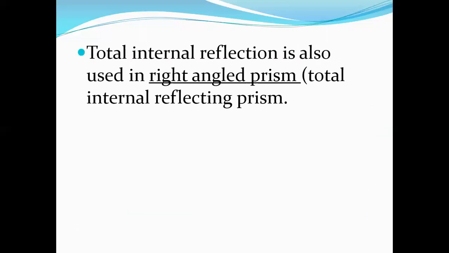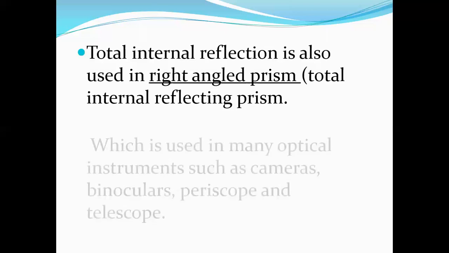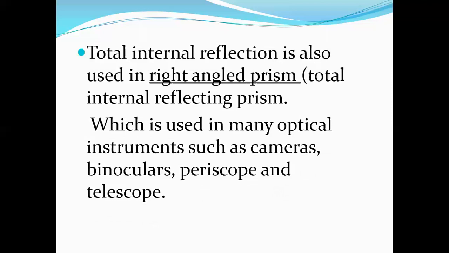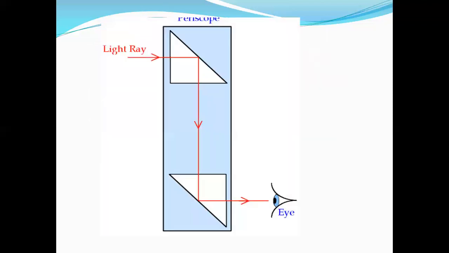Total internal reflection is also used in right angled prism. Total internal reflecting prism is used in many optical instruments such as cameras, binoculars, periscope, and telescope. This is the diagram of a periscope.